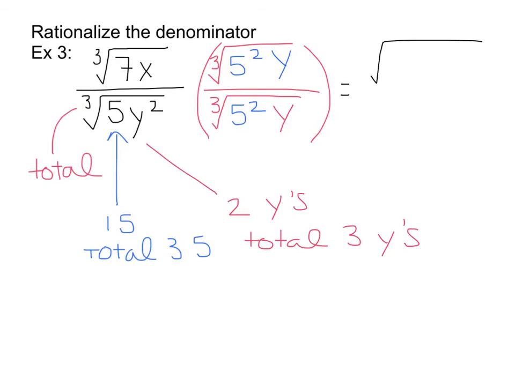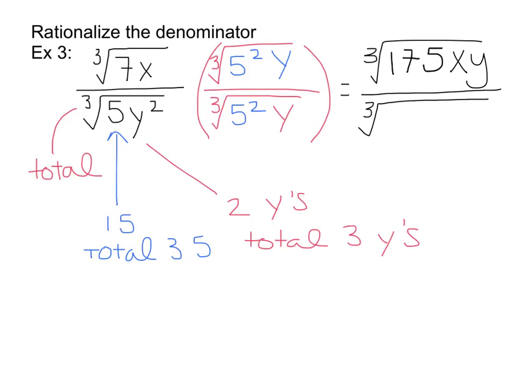So you take 7 and you multiply it by 5 squared. And that gives you 175. Then we just have an x. There's nothing else to multiply it by, so we write our x. And there's a y that we have nothing else to multiply by.